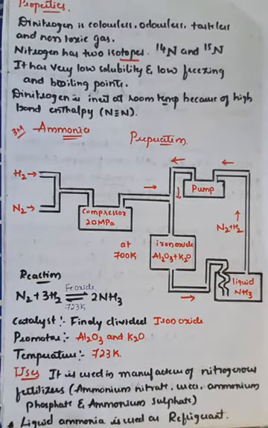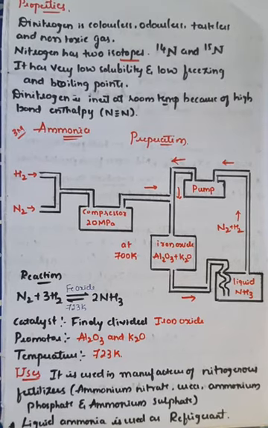And liquid ammonia is used as a refrigerant, as in refrigerants like your fridge, right? In that, generally we use liquid ammonia as a cooling agent, as well as in the laboratory also, right? So for different reactions or for study purposes we can use ammonia, right?